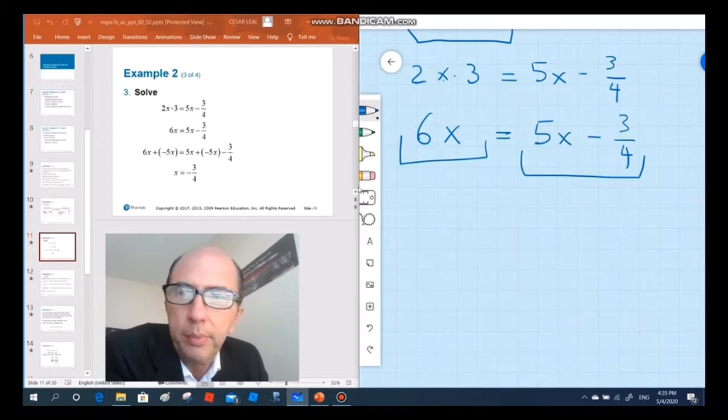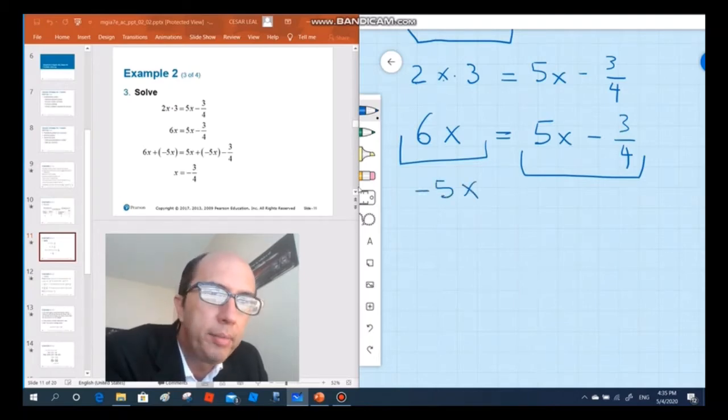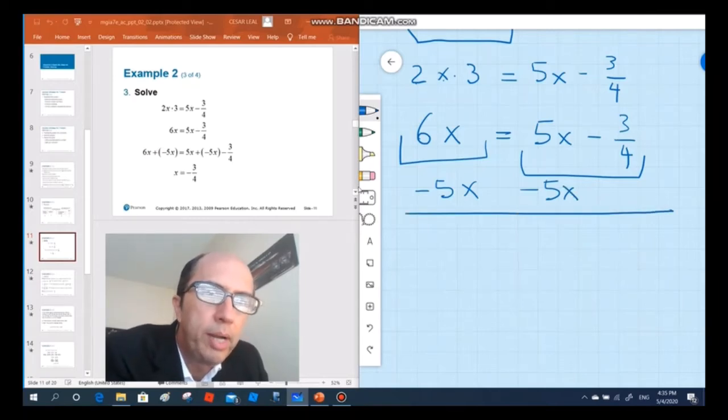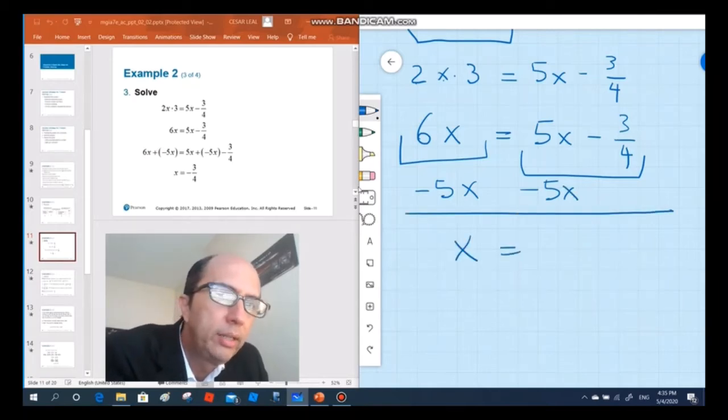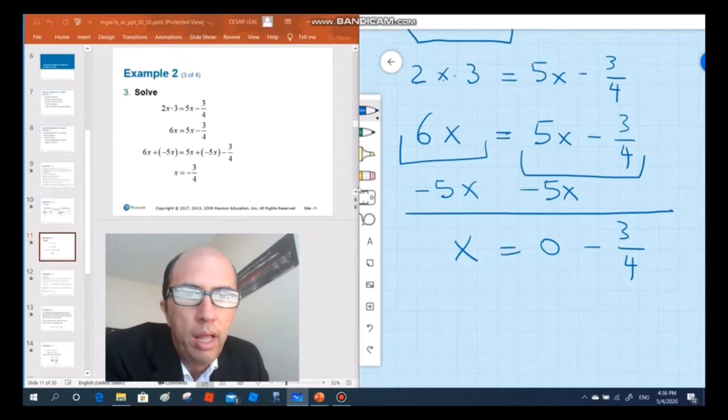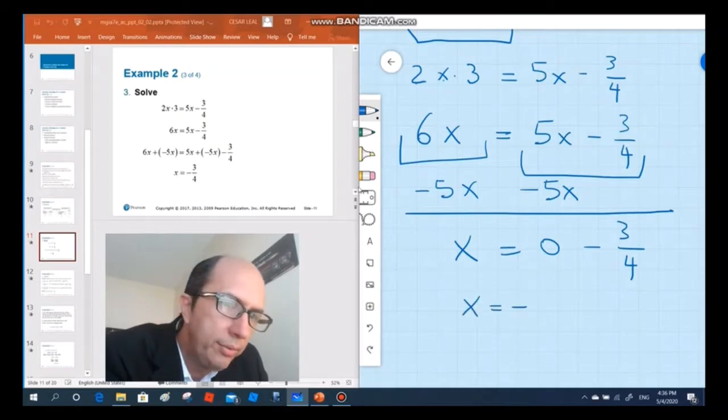So let's subtract 5x from both sides. 6x minus 5x, x, equals 5x minus 5x, 0, minus 3 over 4. That means x equals negative 3 over 4.